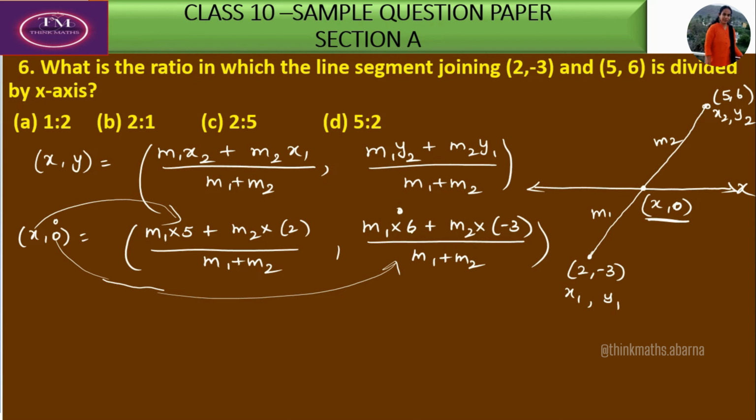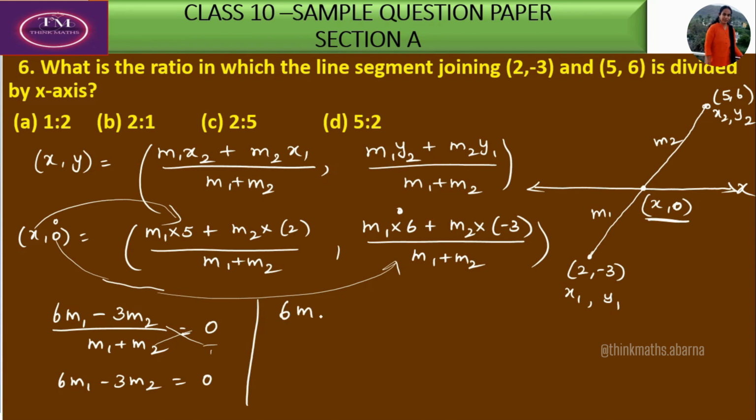So the y coordinate is 6m1 minus 3m2, since plus into minus is minus, divided by m1 plus m2. On the other side, the y coordinate is 0. Cross multiplying, 6m1 minus 3m2 is equal to 0 into (m1 plus m2), which is 0. So we get 6m1 equals 3m2 when we change the side.